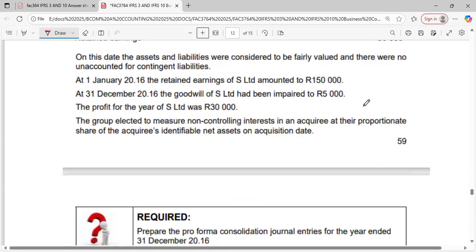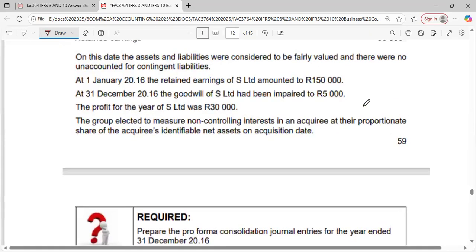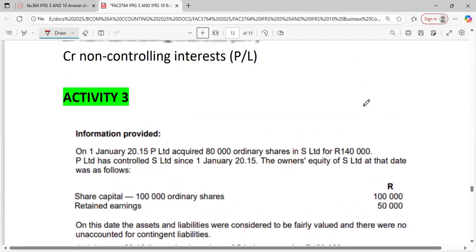This is our last activity. Let's quickly go through it together. Right, this one says on 1 January 2015, P Limited acquired 80,000 ordinary shares in S Limited for 140,000. P Limited has controlled S Limited since 1 January 2015.